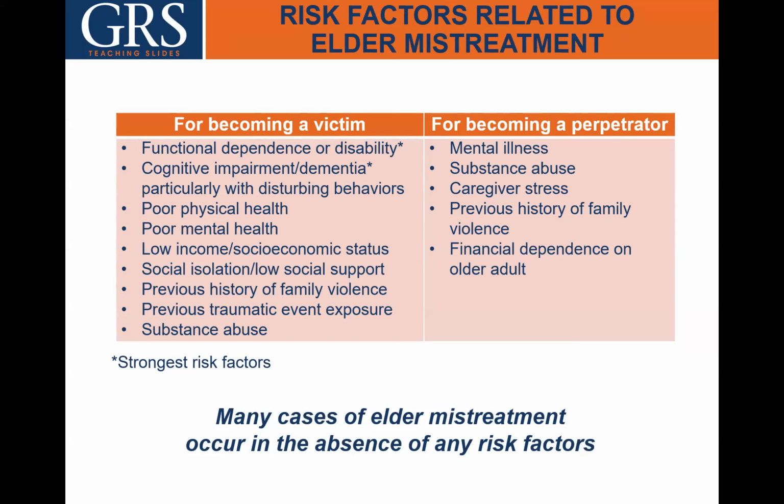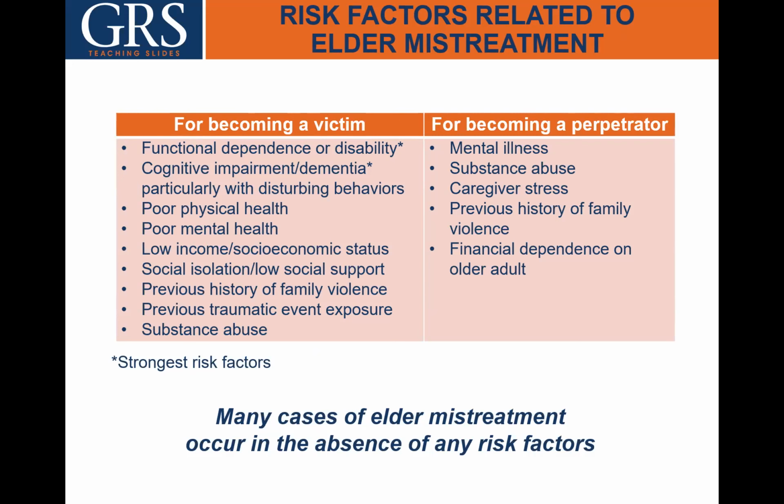for people becoming a victim, which contain these items: functional dependence or disability, cognitive impairment, poor physical health, poor mental health, low income, social isolation, previous history of family violence, previous traumatic event exposure, and substance abuse.